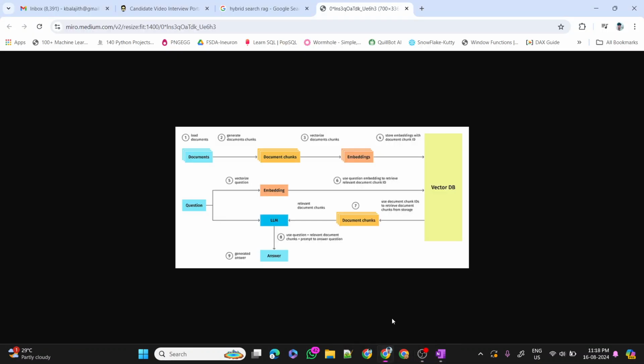By seeing this diagram, you can easily understand how the RAG technique is working.